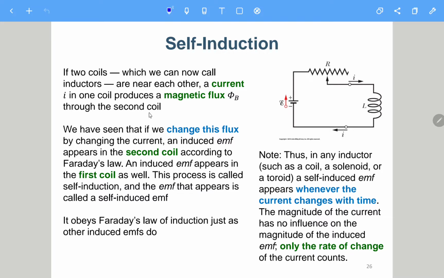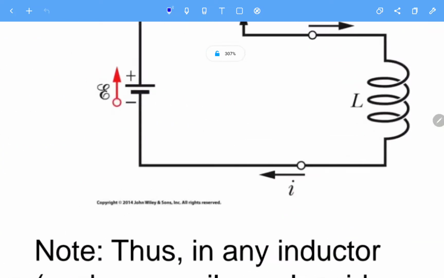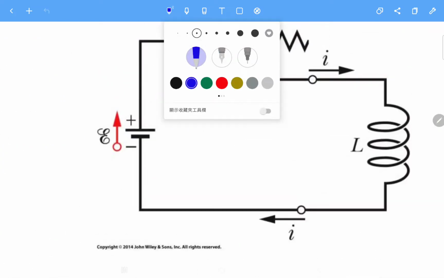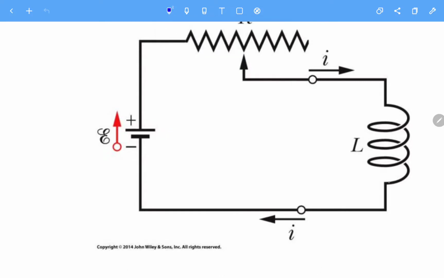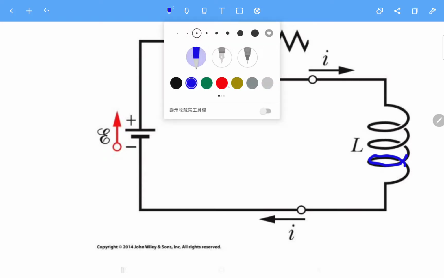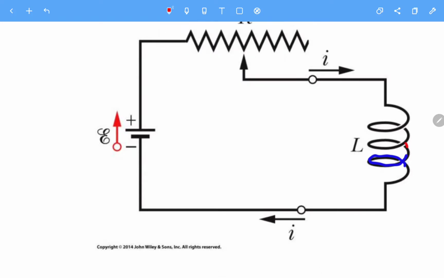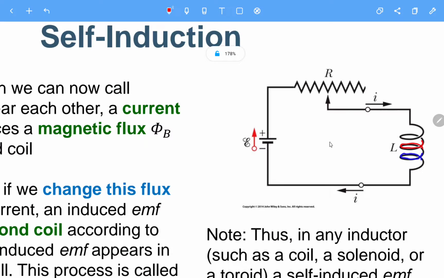So here, the first coil and second coil means, maybe I can highlight it with a color, if you regard this one as the first coil, then the second coil is this one. If they are close to each other, let's see what this circuit is.